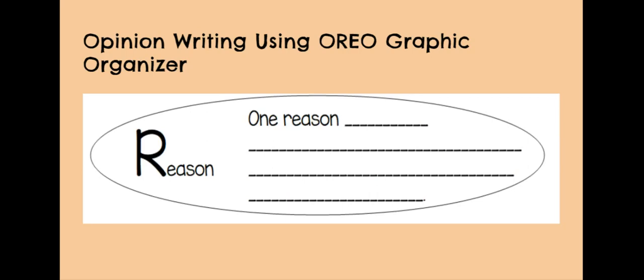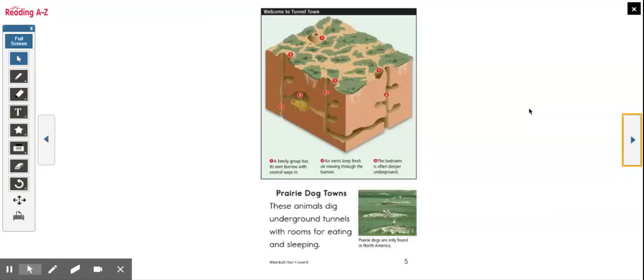The next section is where I'm going to write a reason why I think that the prairie dog town is the most interesting home. In order to do that, I'm going to look back in the text. Okay, so here I am in the text on the page about prairie dog towns. I'm deciding to write about prairie dog towns because they are underground tunnels with rooms for eating and sleeping.